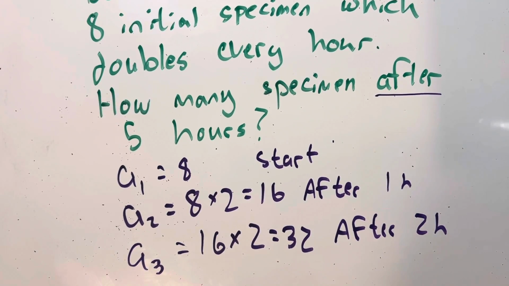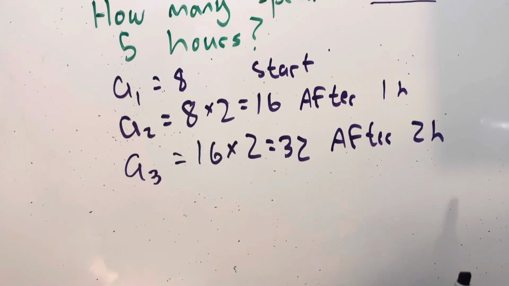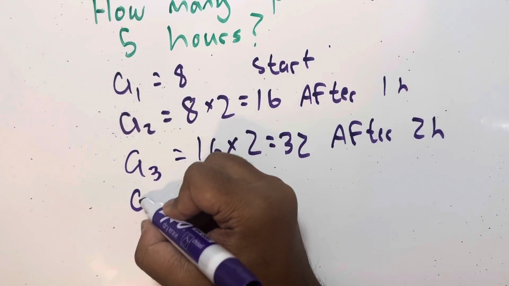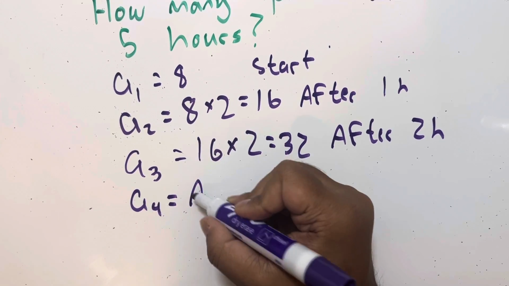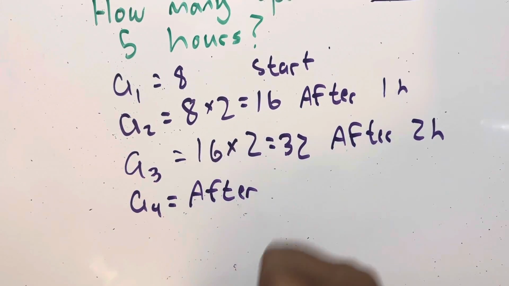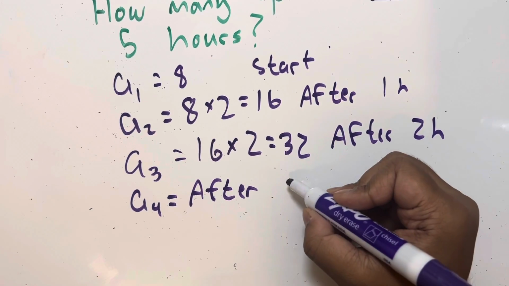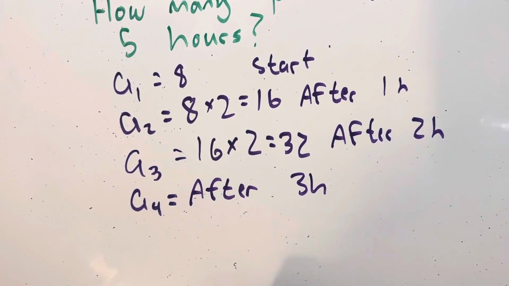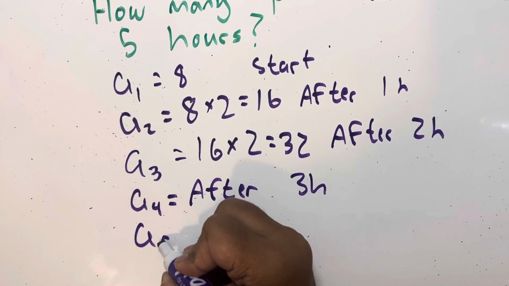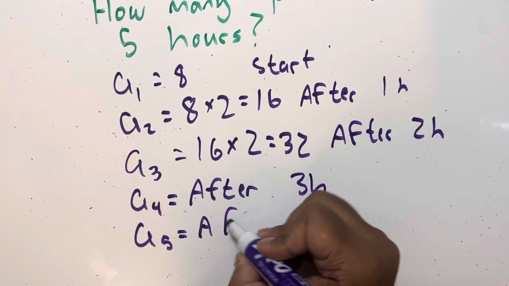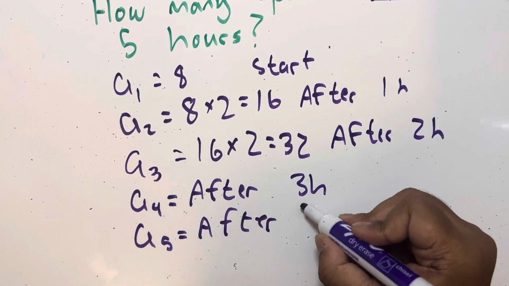Now, we have to find how much after 5 hours. So a4 will be after 3 hours. a5 will be after 4 hours.